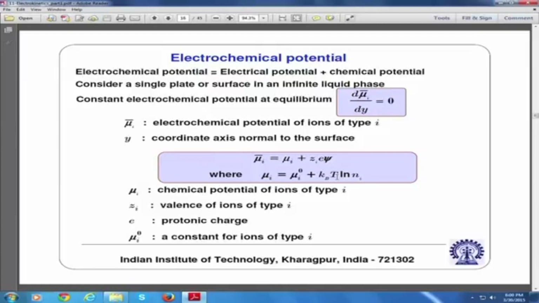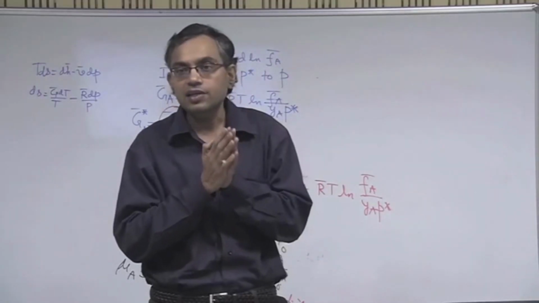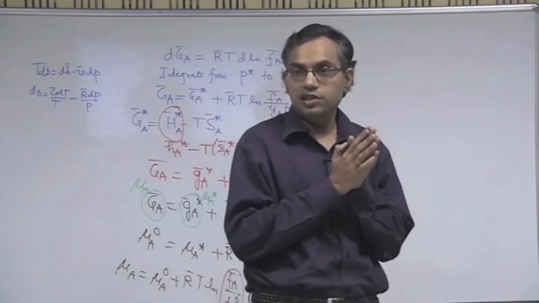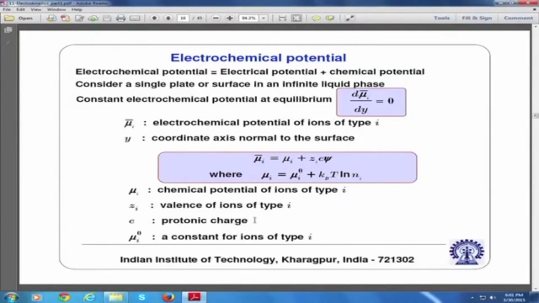So when you describe the total potential of the system, you have chemical potential plus electrical potential, because the chemical entities have charges, and in totality that is called the electrochemical potential. So mu I bar is just a way of writing electrochemical potential. It is the chemical potential plus electrical potential.